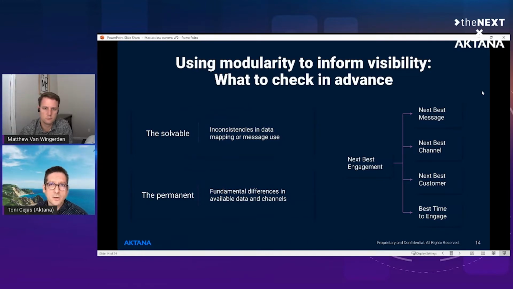Once you analyze all these ecosystems, you will most likely end up with two types of differences across your landscape: a first set of solvable inconsistencies or differences, and a second set that are permanent. There is nothing to do about them because they are coming from business strategies, different tactics, different channels or regulations. So nothing to do about them, but you still have to adapt to these permanent inconsistencies.